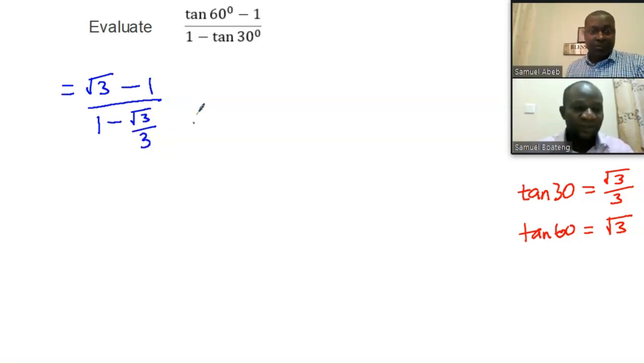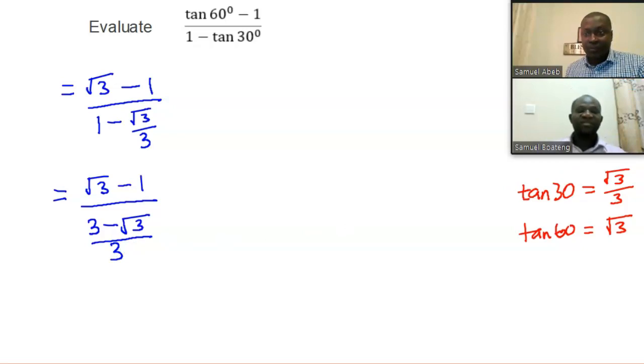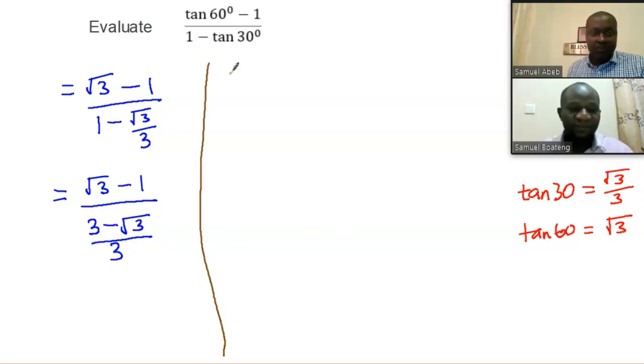Okay. So we need to do some simplification. You can break it down. So we have root 3 minus 1 over, now we have 3 minus root 3 all over 3. Now this is a fraction.